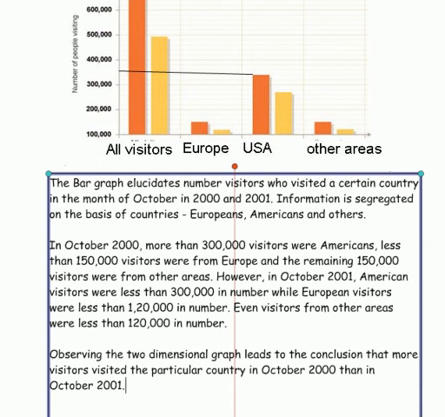Now don't forget to write October, because then it would be wrong information, because the data is showing the comparison between two months, that is October 2000 and October 2001. If we write just 2000 and forget to write October, then there is going to be a deduction in marks.